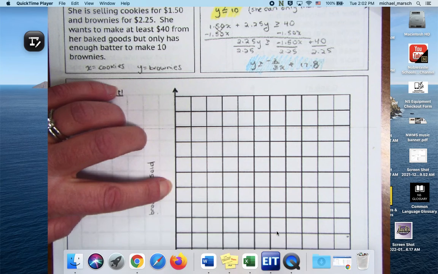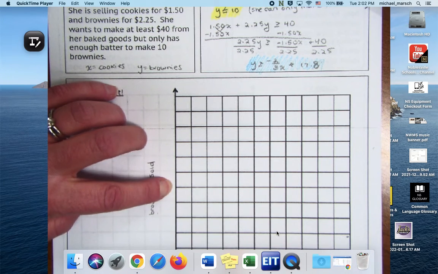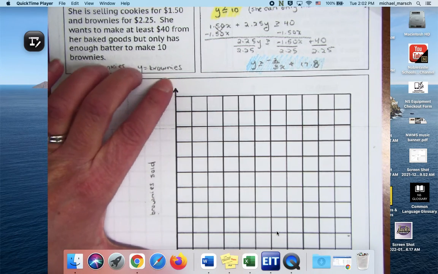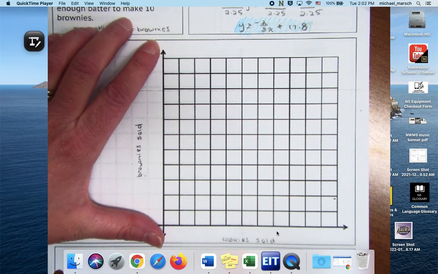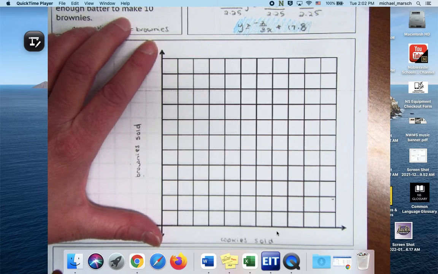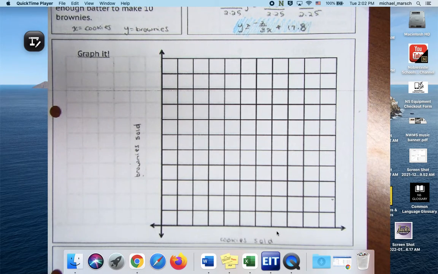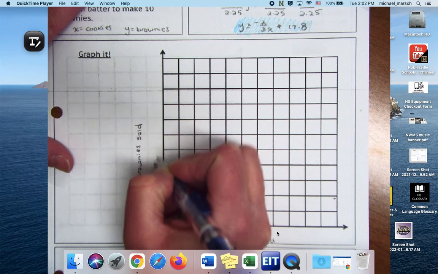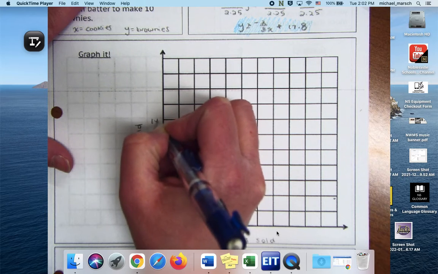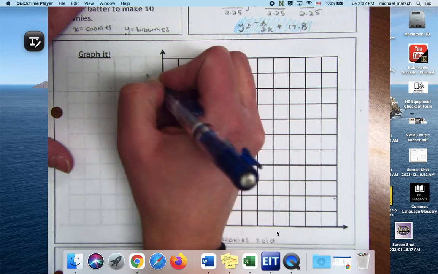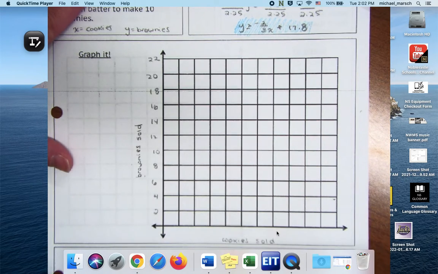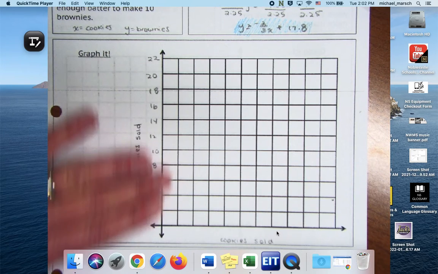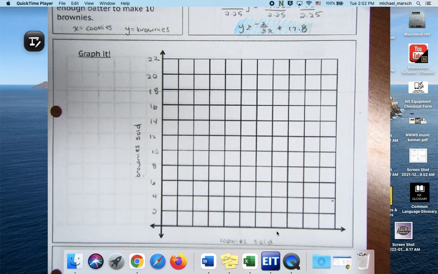That's going to make it really small down here. But we have more space, so maybe not 4. What might be another one? 2, right? So if we go by 2's, you have plenty of space for our y axis and our y-intercept.